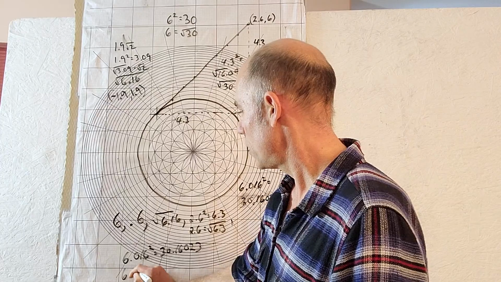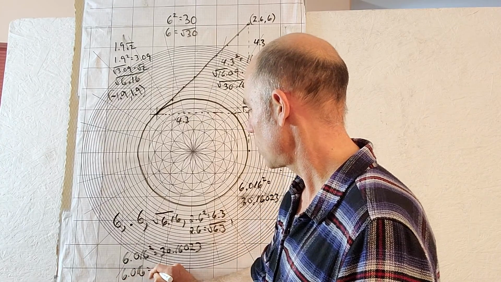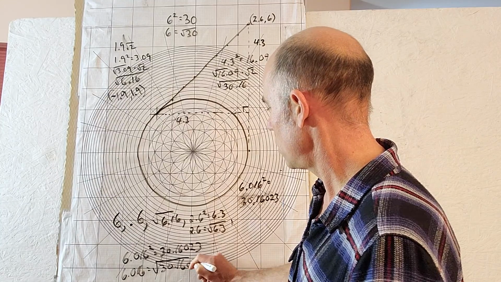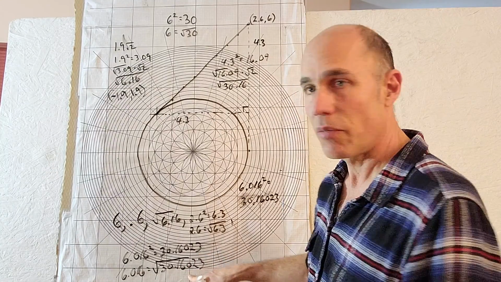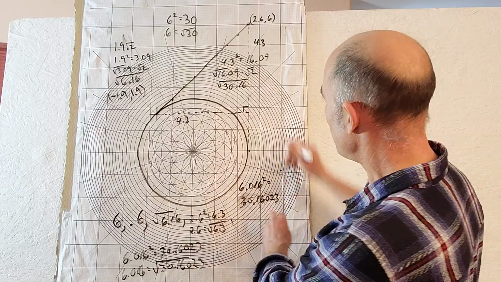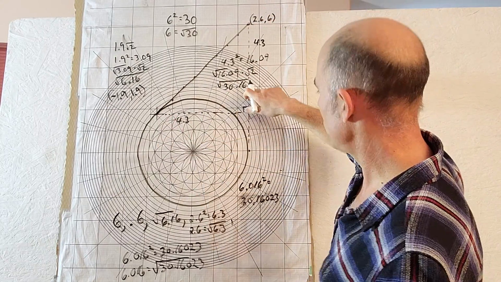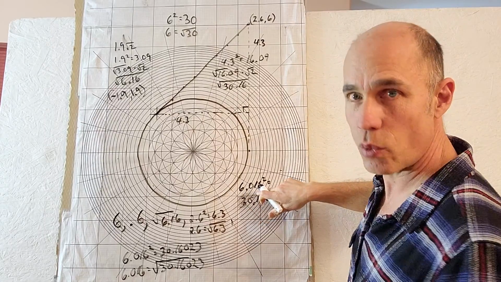So 6.016 is the square root of 30.16023. So that's the length, basically the length of this line. Again, 30.16, which equals 6.016.